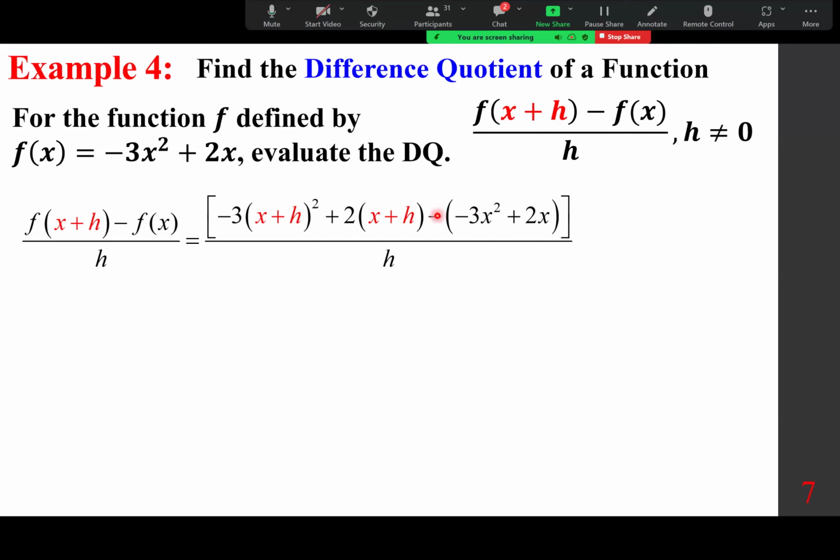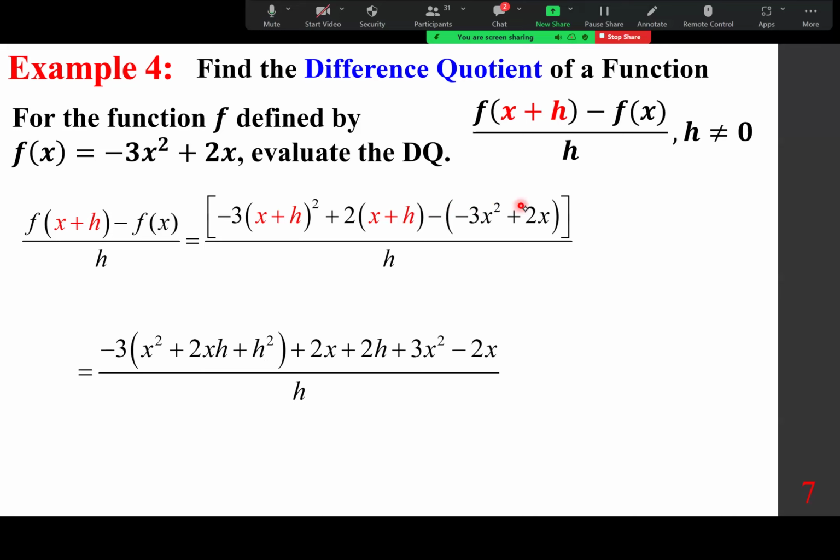This one is plus 3x squared minus 2x. You are distributing. Let's distribute. Negative 3x squared, negative 6xh, negative 3h squared.